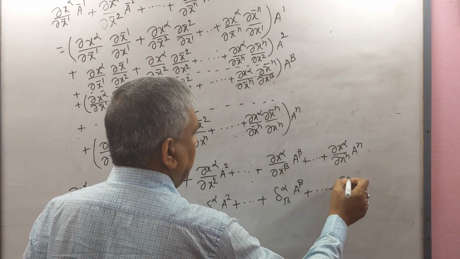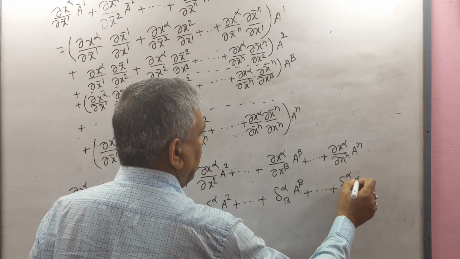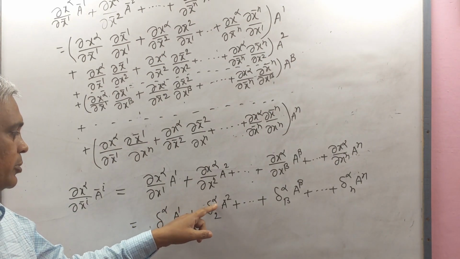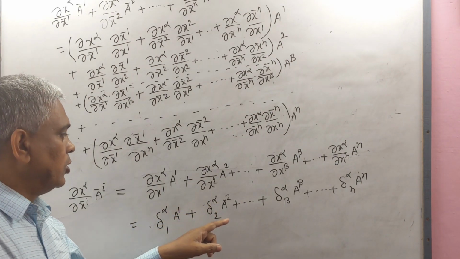This is Kronecker Delta alpha n An. Here alpha not equal to 1, that means value of this Kronecker Delta is 0. Here also similarly we get 0.